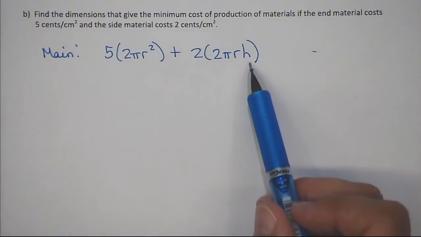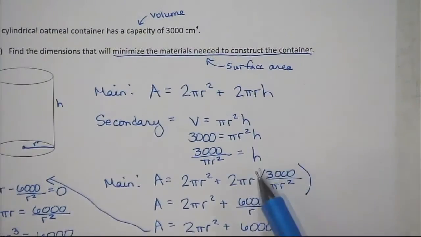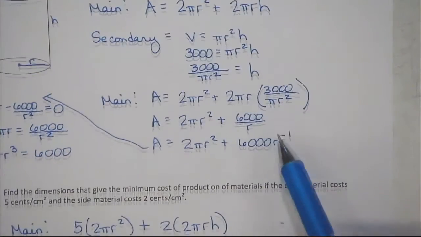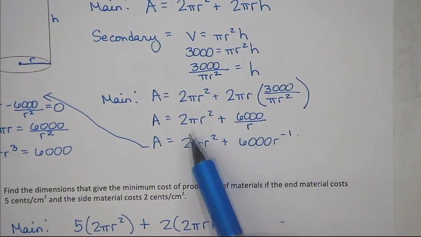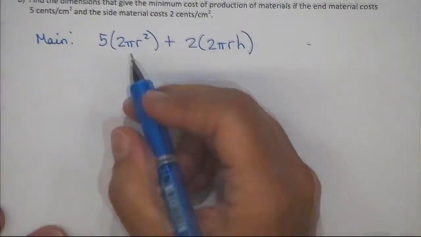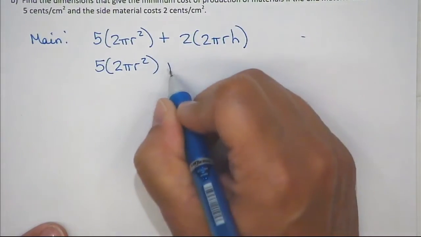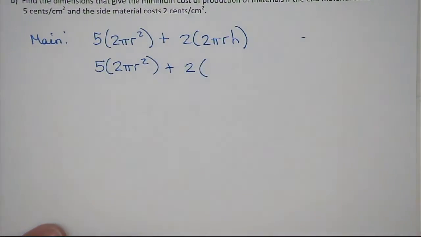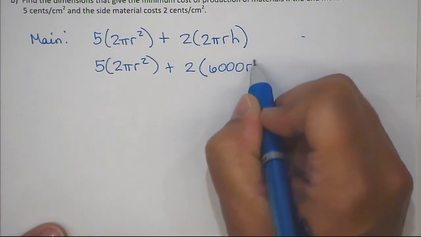Now, we still have to replace h, but we already did that. You don't have to do it again. What is h? We already did all that. So we already know this is what we're going to end up with right here. Okay? So I'm going to change this to 5 times 2 pi r squared plus 2 times 6,000 r to the negative 1.